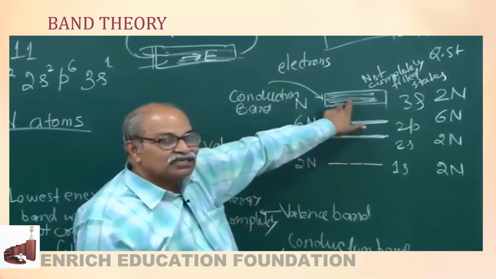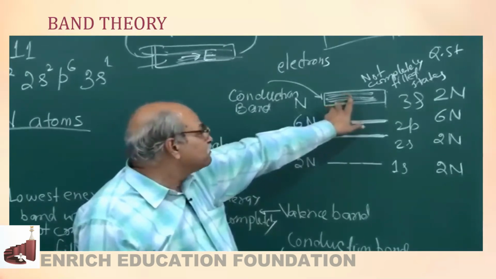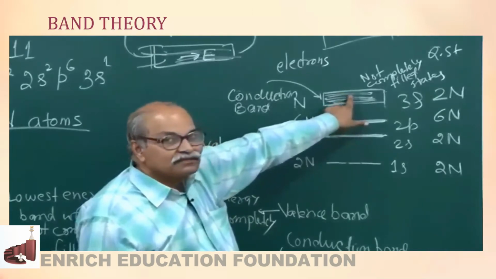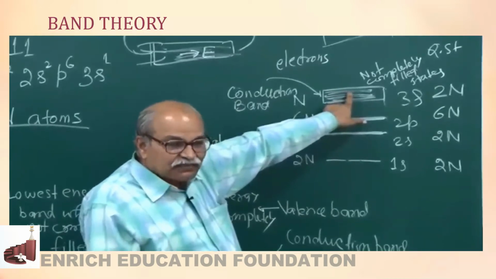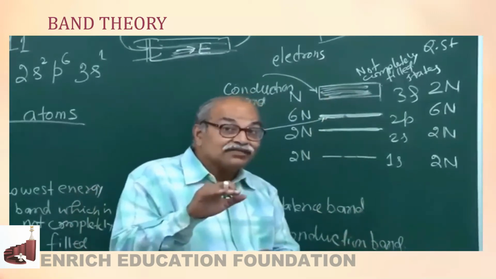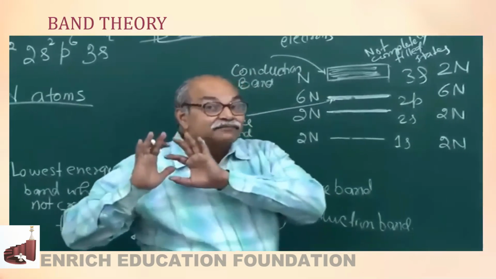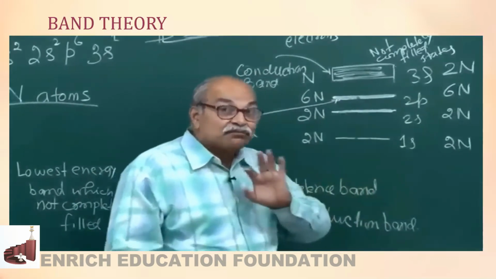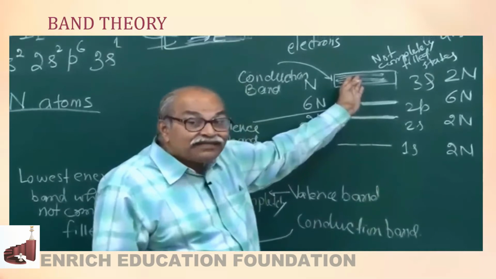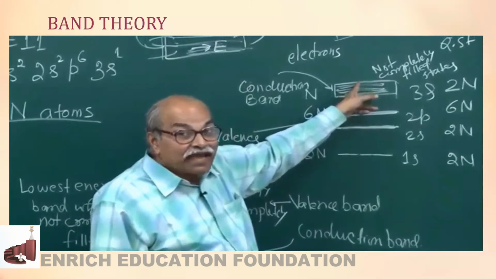But here you have lots of empty quantum states. So if a particular electron takes up that energy and goes to a quantum state with a little more energy, that quantum state is available, and therefore the electron can respond to the electric field, be accelerated by it, and move. That is how these electrons take part in conduction, and therefore this whole band is known as conduction band.